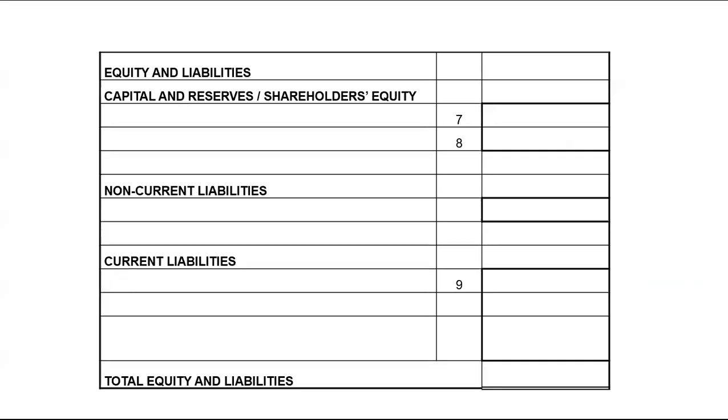Under capital and equity, we have under shareholders' equity, we have ordinary share capital. The total of your share capital was 5,425,000. And then I'm going to discuss the bank overdraft. With the bank overdraft, I will look at all the transactions that affected our bank account.